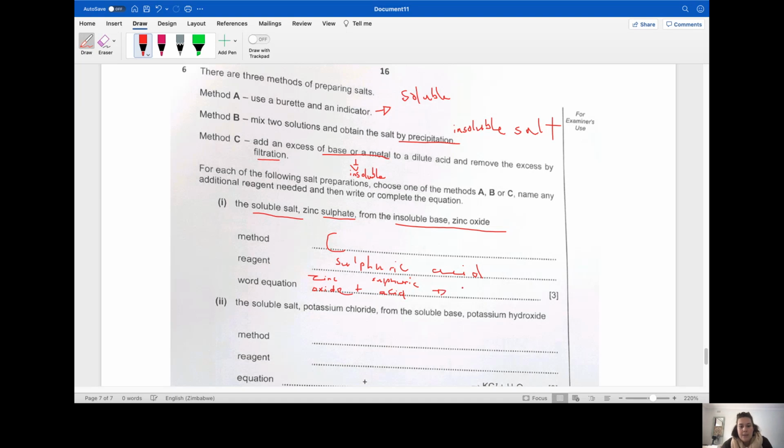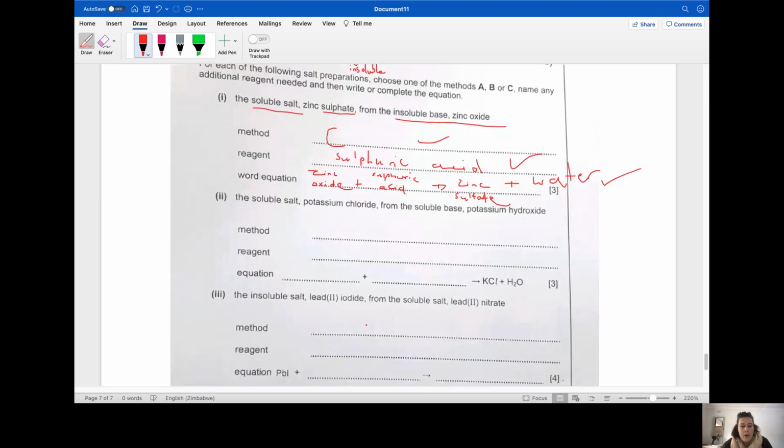And it gives me zinc sulfate, which is what I wanted, and I'm mixing an acid and a base, so I get water. 1 mark for each of those lines. You should have got 3 marks for that question. It's method C because I'm using an insoluble base, so I'm going to have to filter that off. It's sulfuric acid because I'm making zinc sulfate, so I need the sulfate to come from something.